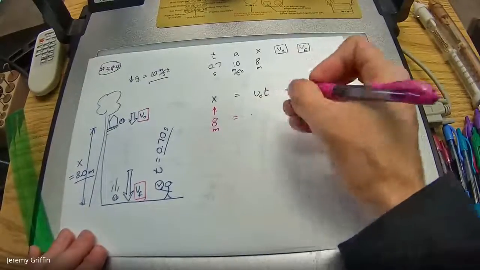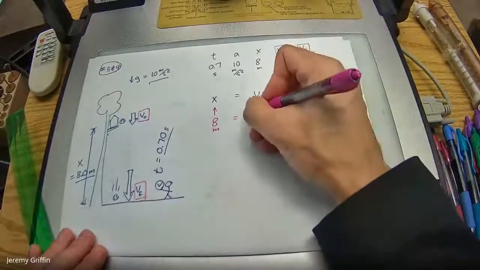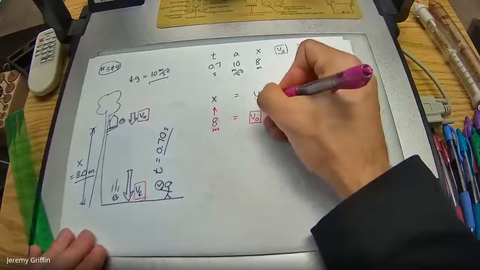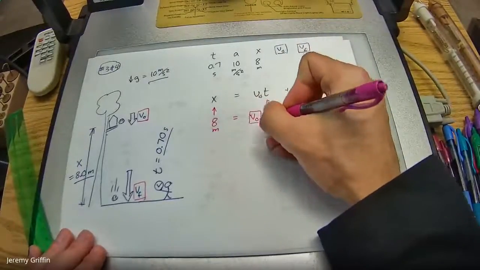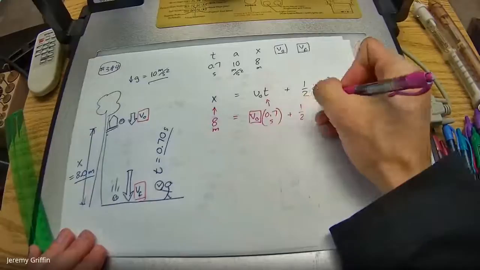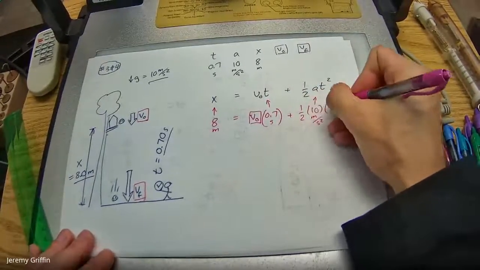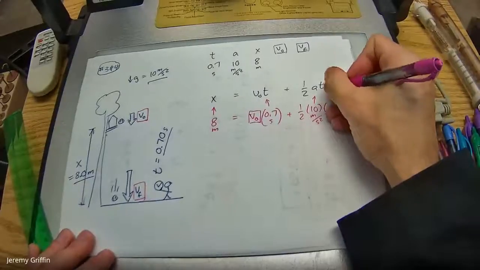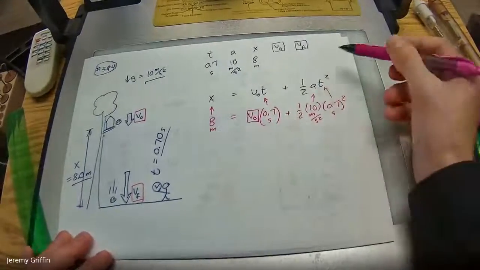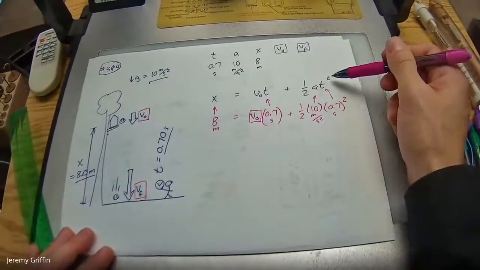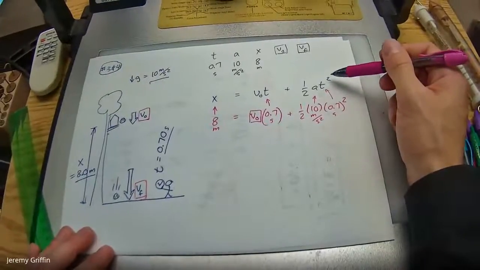Let's see. V naught, I don't know. All right, time was 0.7 seconds plus 1/2, 10 meters per second squared, is 0.7 seconds being squared. Because that's squared, does that apply to the 1/2 A T, or does it only apply to the T?